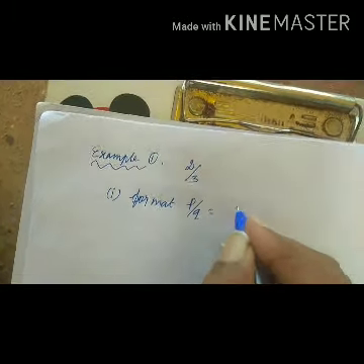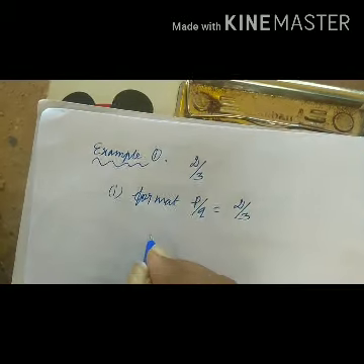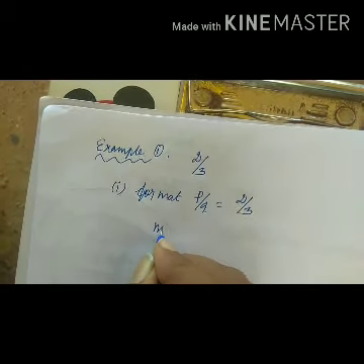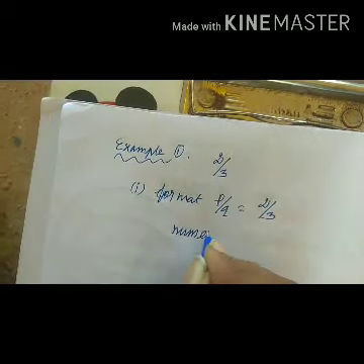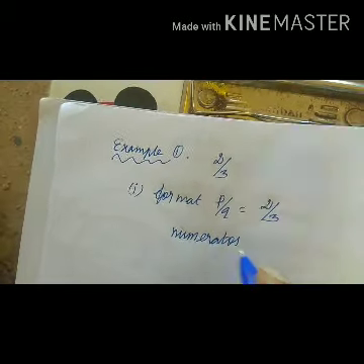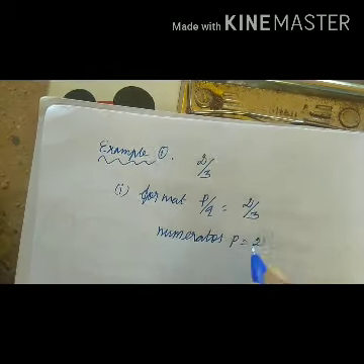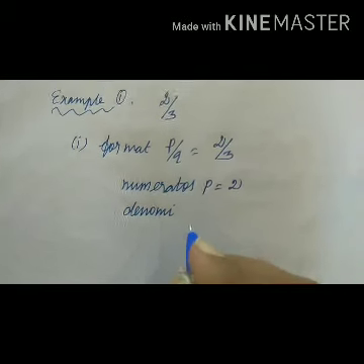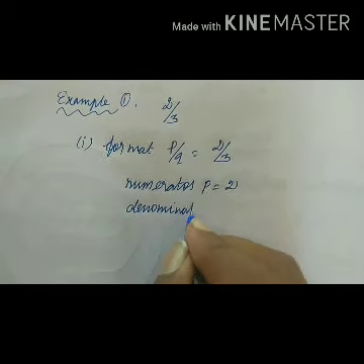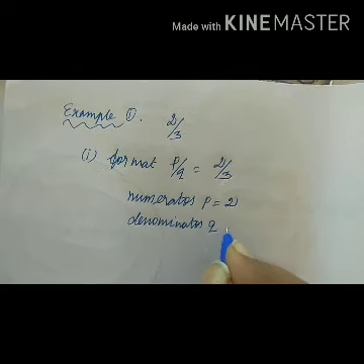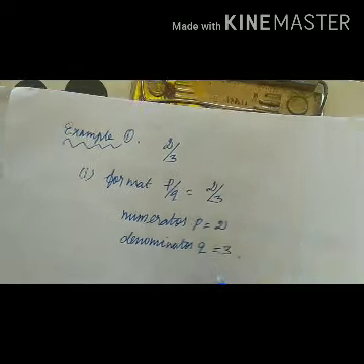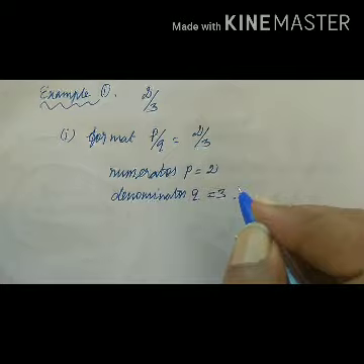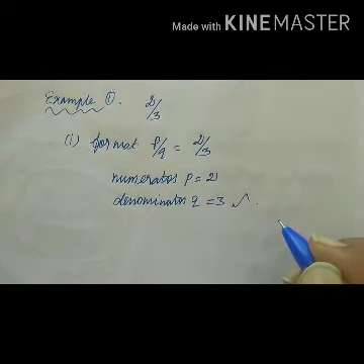That is 2 by 3, where numerator p equal to 2 and denominator q equal to 3. Therefore, it is in the format 2 by 3. Therefore, the first condition is satisfied.